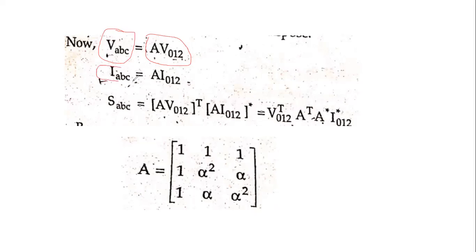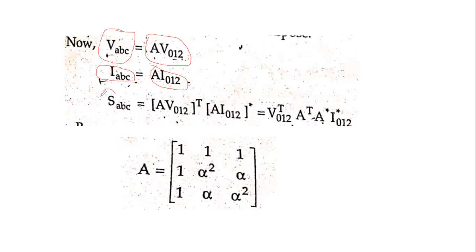Then we obtain IABC equal to A into I012. Therefore, these voltages and currents are converted into their symmetrical component equivalents in terms of the positive, negative and zero sequences.